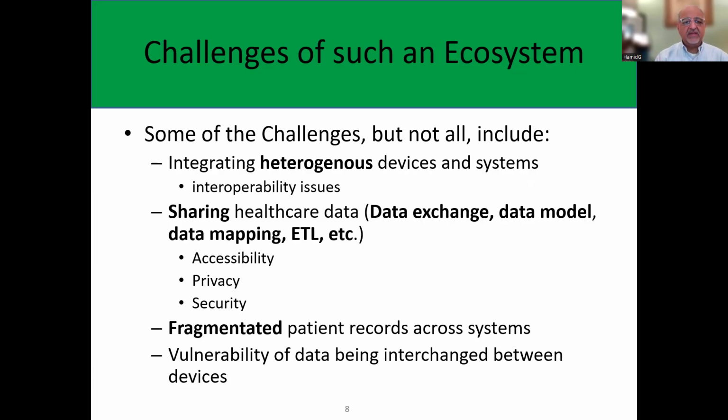So these are really fragmented data everywhere. That's a challenge to bring them together. And as you bring that data together, certainly vulnerability of data is in question. You don't want that data to be vulnerable to a safety issue and lose the patient data.